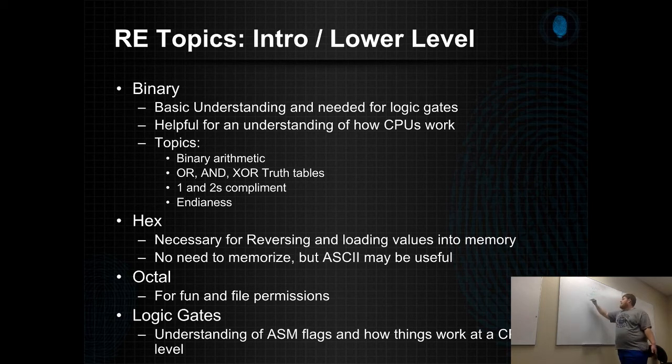For ANDing these two values as a logical AND, what does a 0 and a 0 make? 0, right? What does a 0 and a 1 make? 0. What does a 1 and a 0 make? 0. And a 1 and a 1 makes 1. So that would be your truth table for an AND. Let's try an OR.